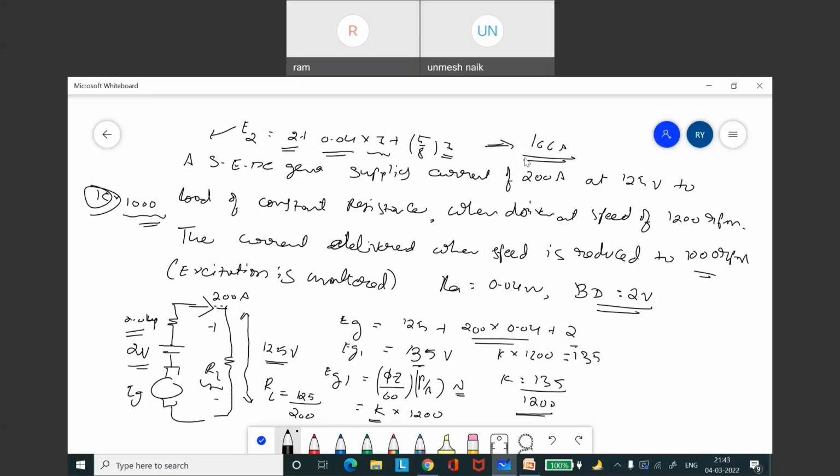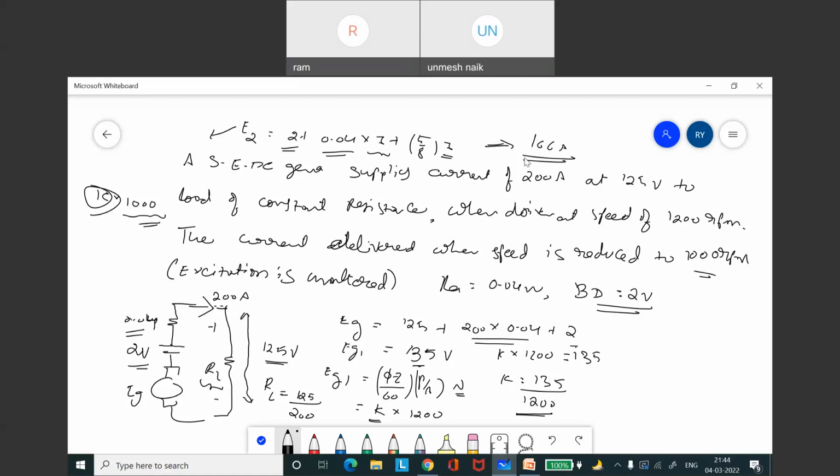Okay. Take your time. You just go through it once again. Sir, I took that 125 in the second case also as terminal voltage. No, because the terminal voltage will change, right? Because the machine speed has changed. Speed decreased in this case.